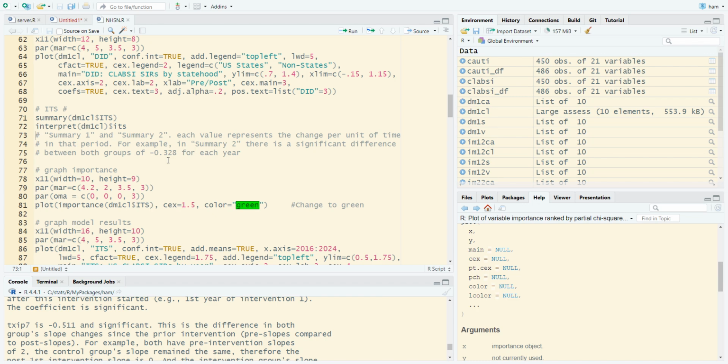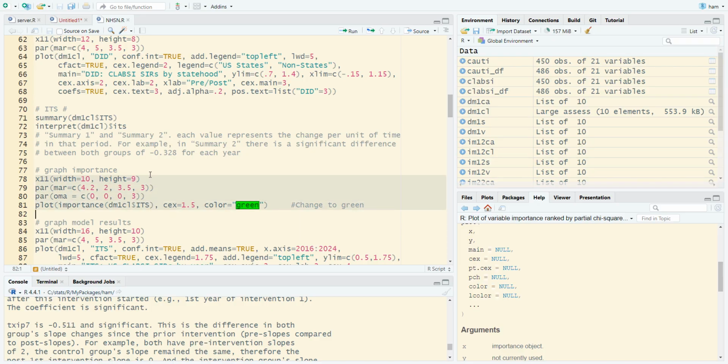So again, we have a lot of variables in the segmented regression, a lot of interpretations, and maybe sometimes confusing results that may seem counterintuitive when you read the results. But it's really helpful to look at our graphs to help understand that.